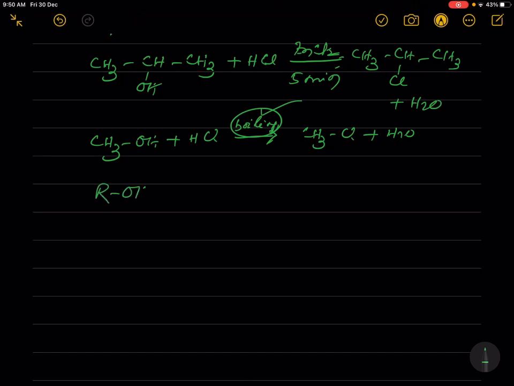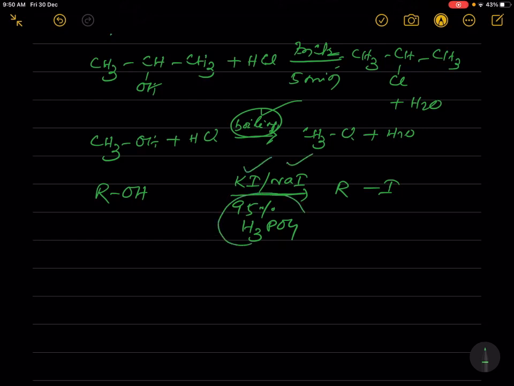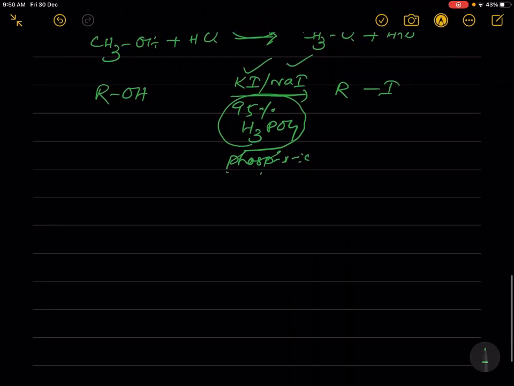Then ROH gives alkyl iodide by treating with sodium iodide or potassium iodide with 95% phosphoric acid.